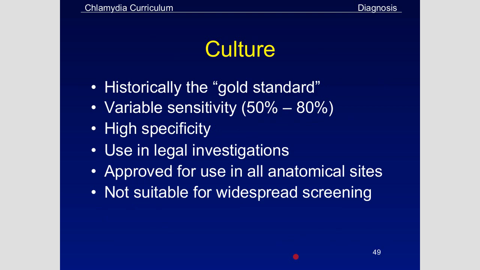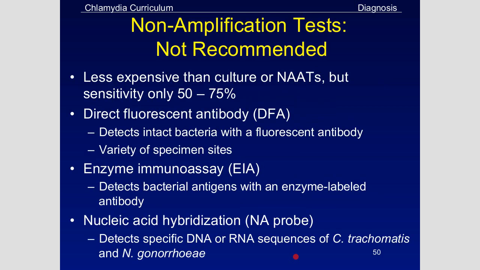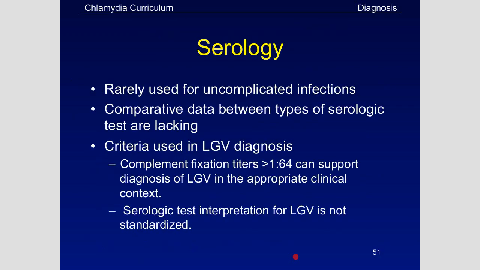Again, it's expensive, so you can't do wide screening, like a screening for the general public or high schools and so on. There are non-amplification tests not recommended, so don't worry about that. They are there.